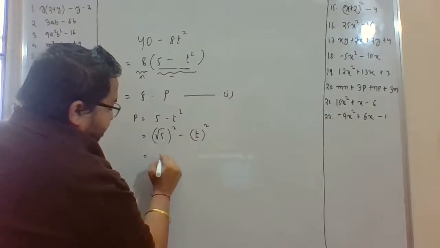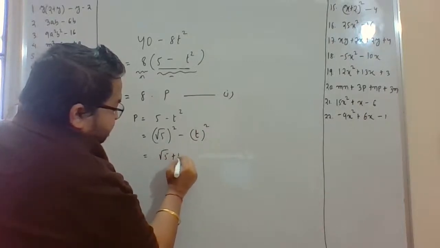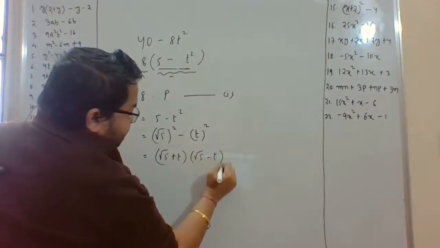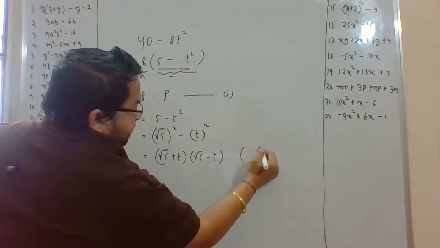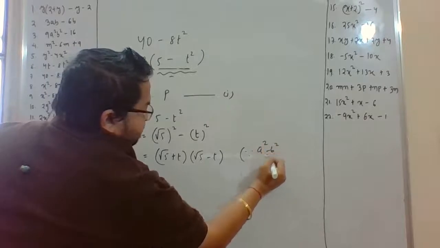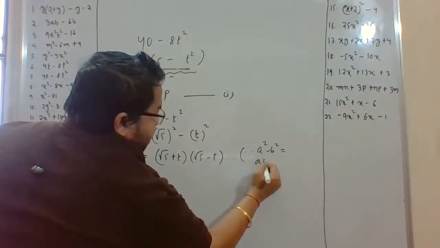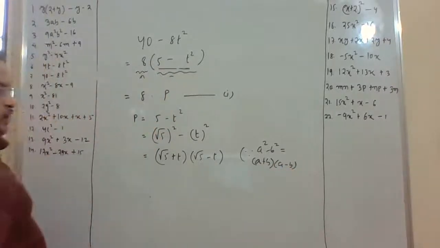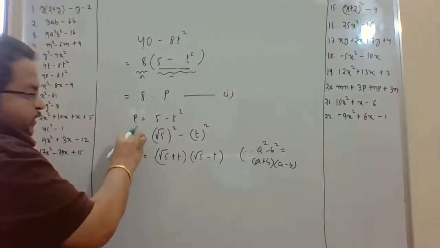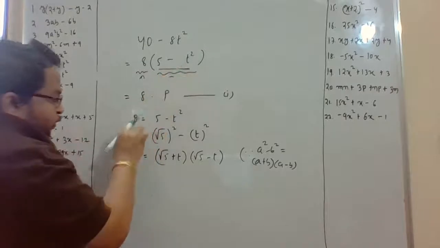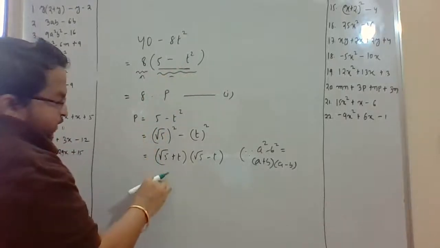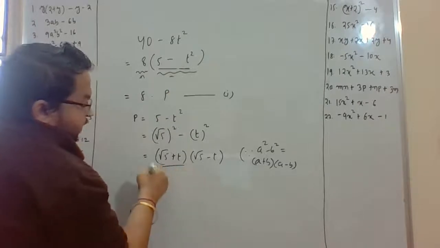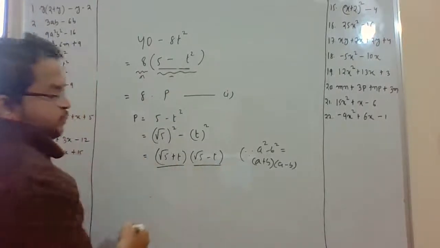So that is nothing but root 5 plus t into root 5 minus t, because same thing, a squared minus b squared is nothing but a plus b into a minus b, right? So now if you see this, factor p, which was 5 minus t squared, is fully factorized as root 5 plus t into root 5 minus t.